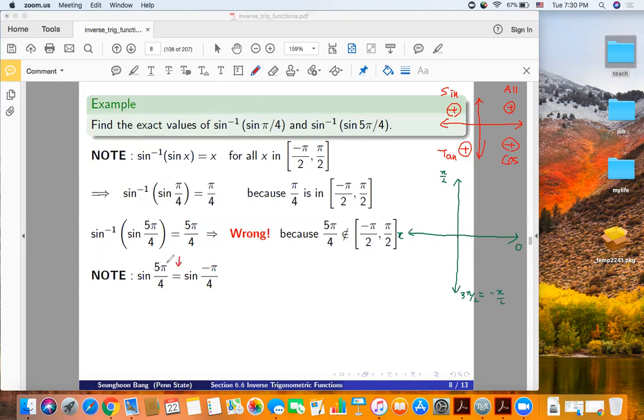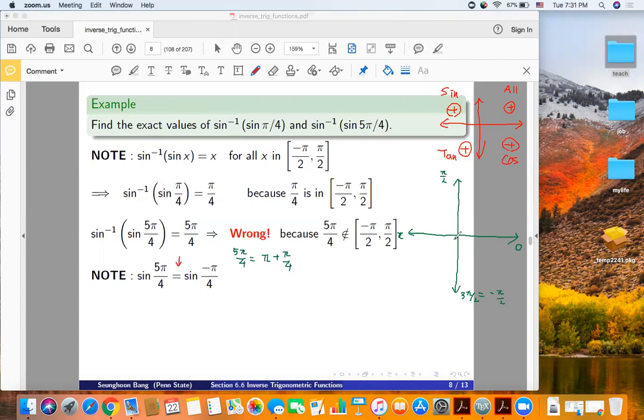So let me see. What is 5 pi over 4? I can write here: 5 pi over 4 is exactly the same as pi plus pi over 4. So pi is this angle, and we have more.